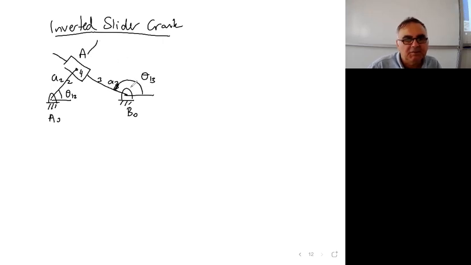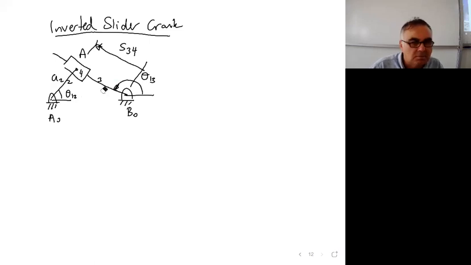And this distance now, since this slider slides not with respect to the ground, but with respect to link 3, we call it S. The previous one was S14. Now this is S34. Okay. 4 is sliding with respect to 3. There is no A3 here, by the way. I have to erase this because S34 is the link.